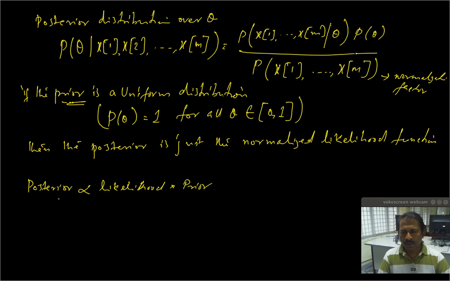So the form of the posterior and the form of the prior has something to do with the form of likelihood, right? So if we have a uniform prior, then the posterior will be nothing but just your likelihood function, just a normalized likelihood function, okay?